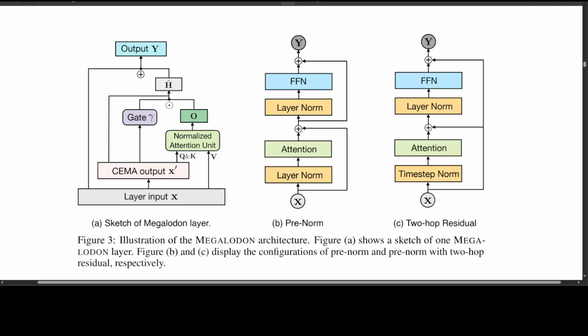Technically, the EMA sublayer in MEGA helps capture local contextual information near each token, removing the problem of losing contextual information beyond chunk boundaries in the chunk-wise attention. So I believe that in the future, this new research holds a lot of promise, and if we are looking for unlimited context and improvement over transformers, then this is a good candidate.